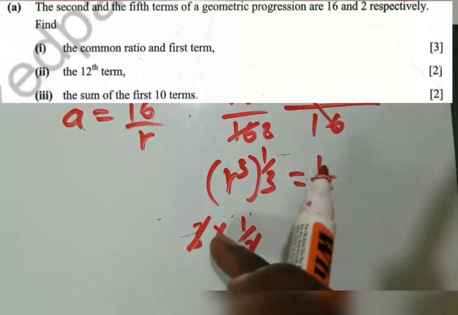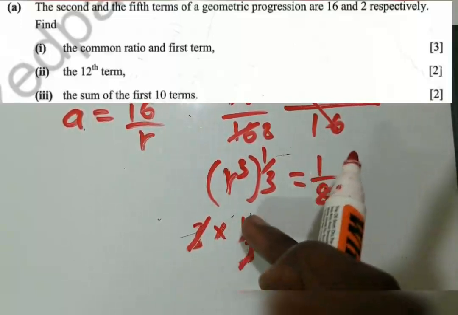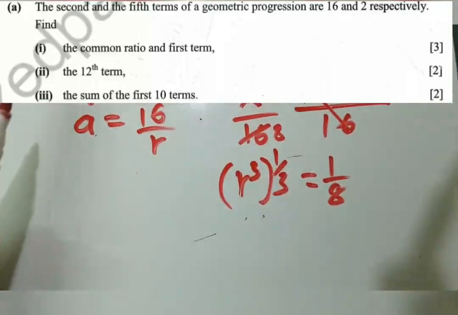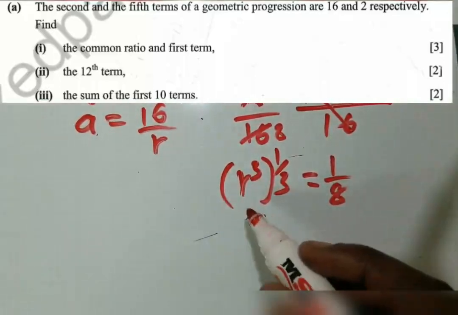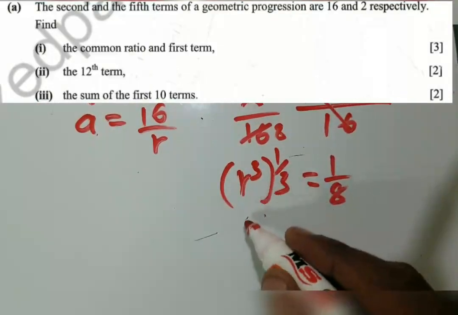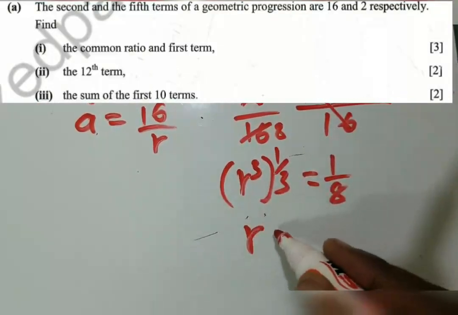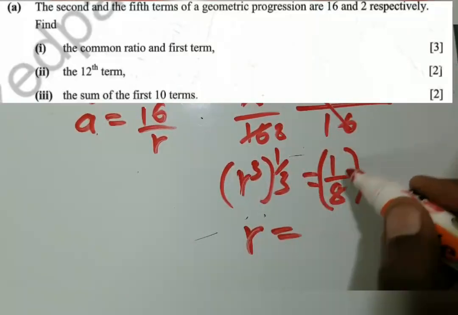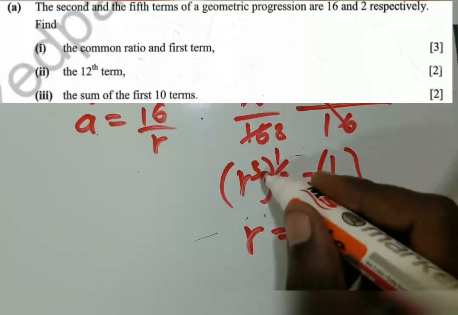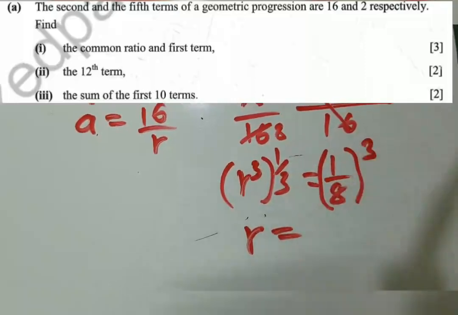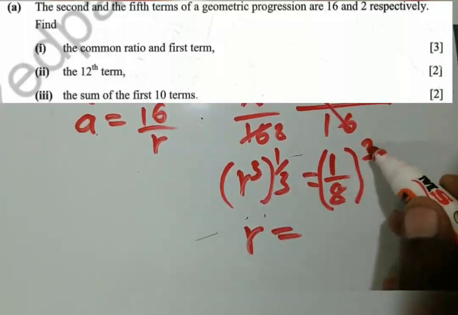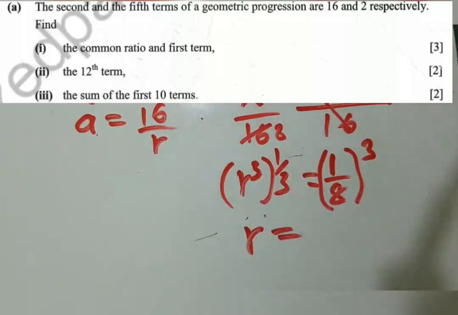So we are going to have R to the power 1, and R to the power 1 is just the same as R. So we have R is equal to, you just bring this root, to the power 3, to this here. This root means that there is 1 to the power 3 and 8 to the power 3.